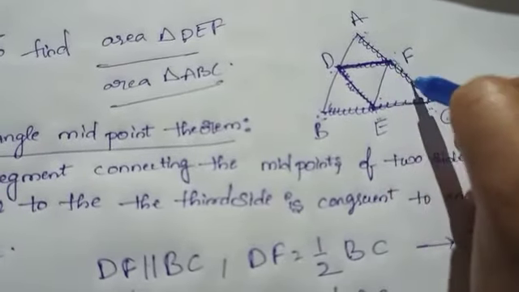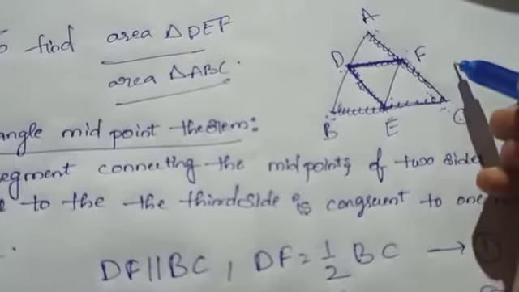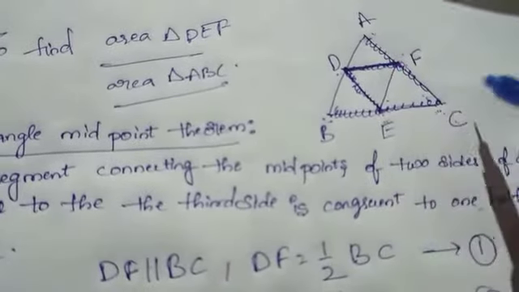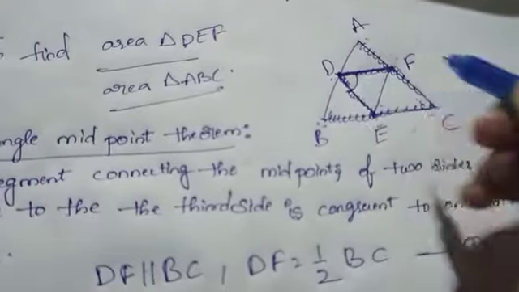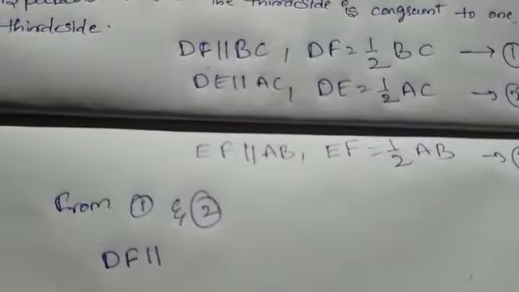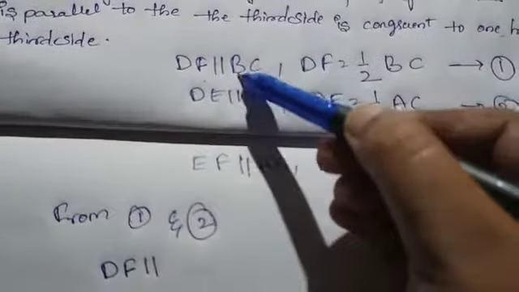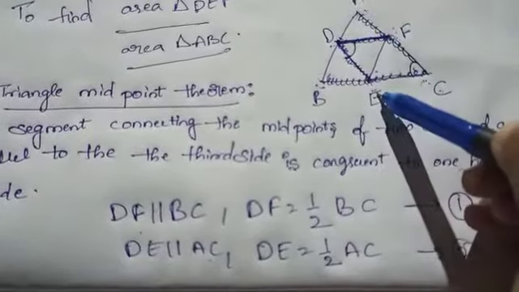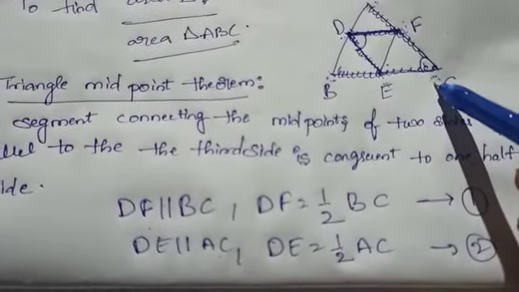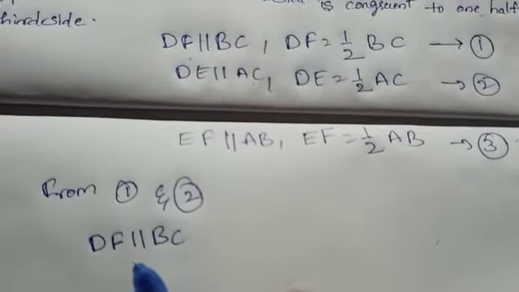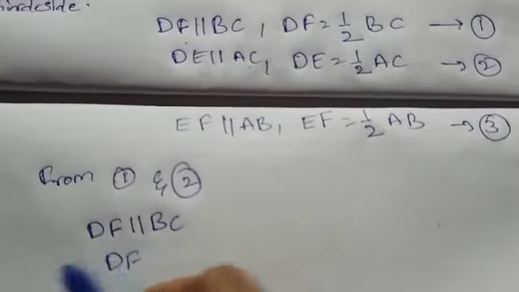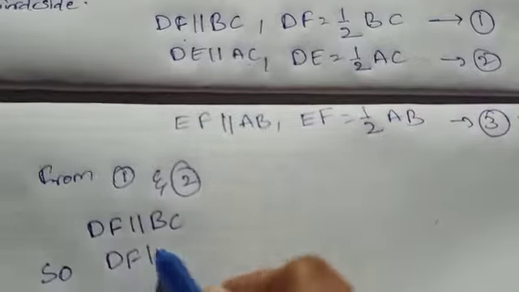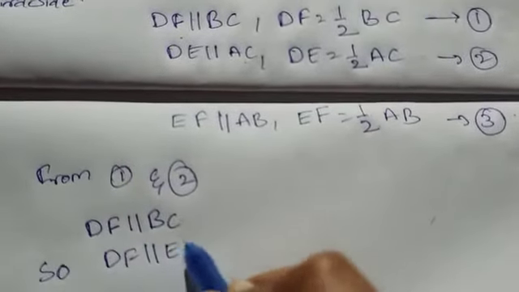In a parallelogram, opposite sides are parallel and opposite angles are equal. Here angle D equals angle C. Since DF is parallel to BC, DF is parallel to EC also.